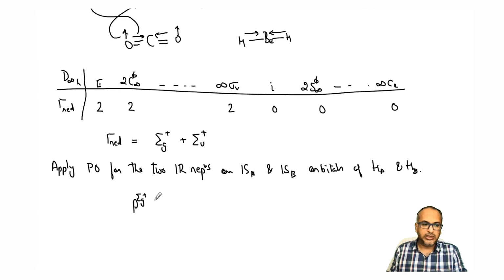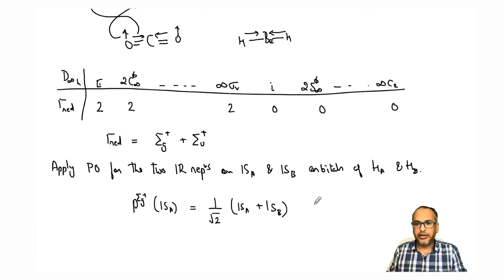If you do that, the projection operator for Σg+ applied on 1sa gives, after normalization, 1 by root 2 times (1sa plus 1sb). We can call this set of SALCs φg, g because this is coming from gerade symmetry.